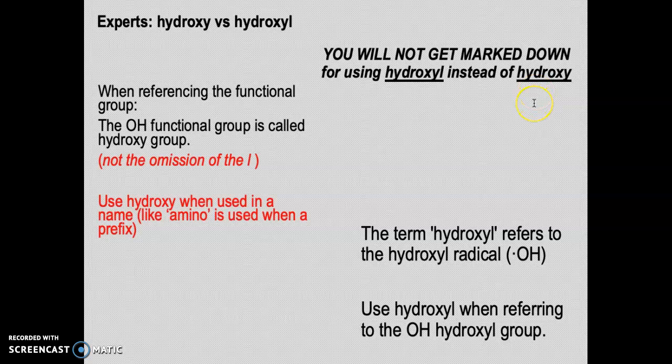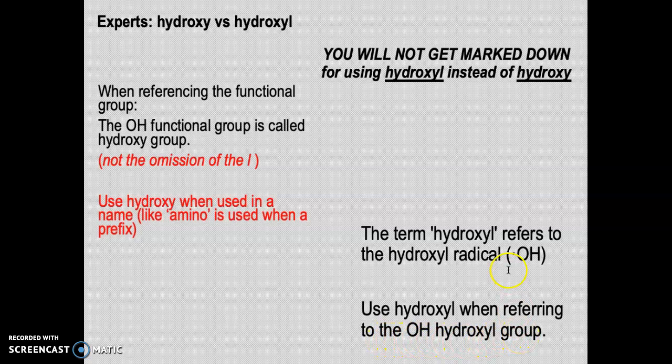But if you want the technical right answer, whenever you're referencing the functional group, then we do write it hydroxy, and you'll notice we've omitted the L, okay? But when you're referring to it as a hydroxyl like radical, that's when you are to put the L in, okay? So it's fine to refer to it as the hydroxyl group.